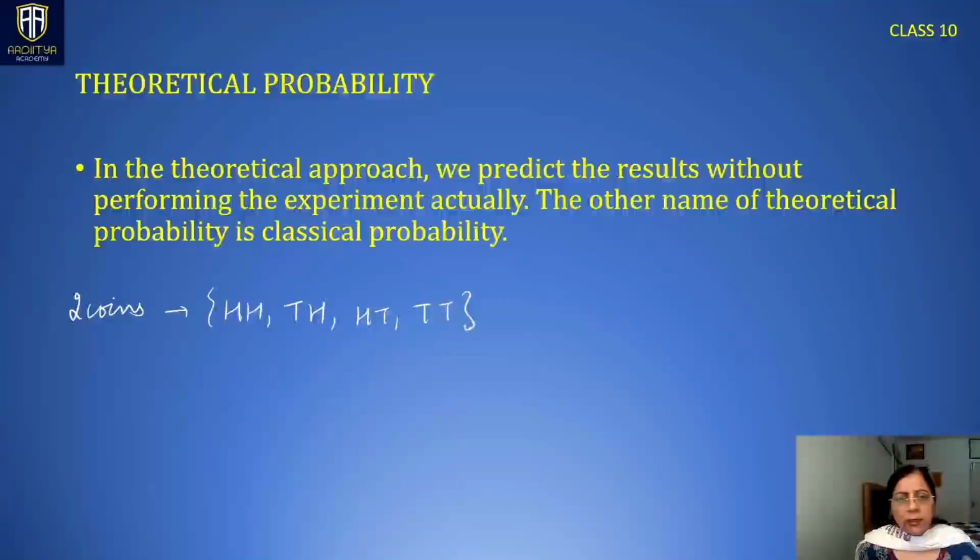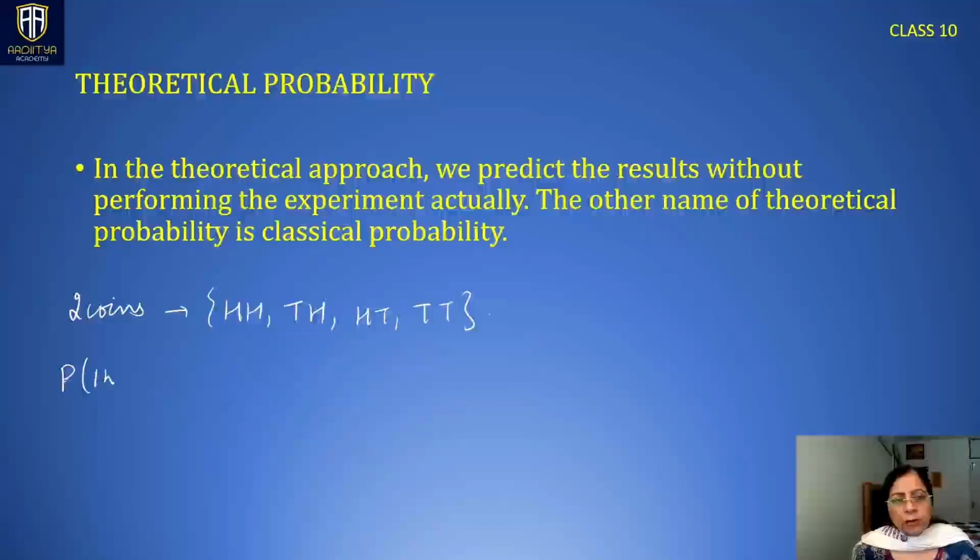We know that we can have only these four elementary events as outcomes of this particular experiment. So without performing the experiment, we can just take out the sample space of this experiment and then we can theoretically calculate the probabilities of different elementary events.